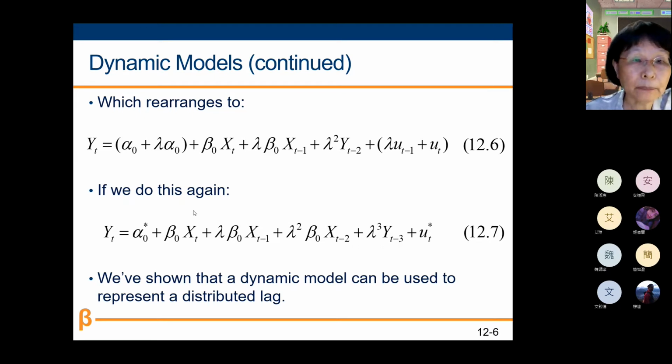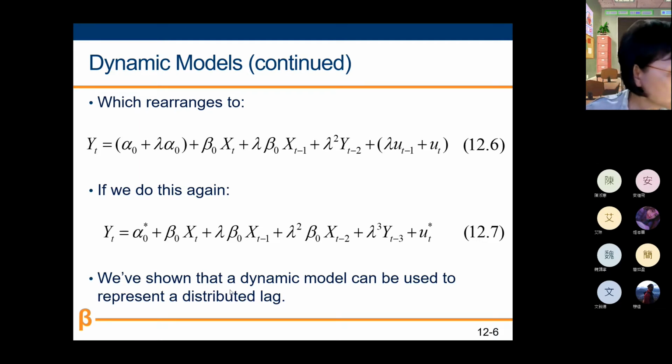So in other words, if you do it again and again, going through the same process as I just did, eventually you can express a dynamic model as a distributed lag.